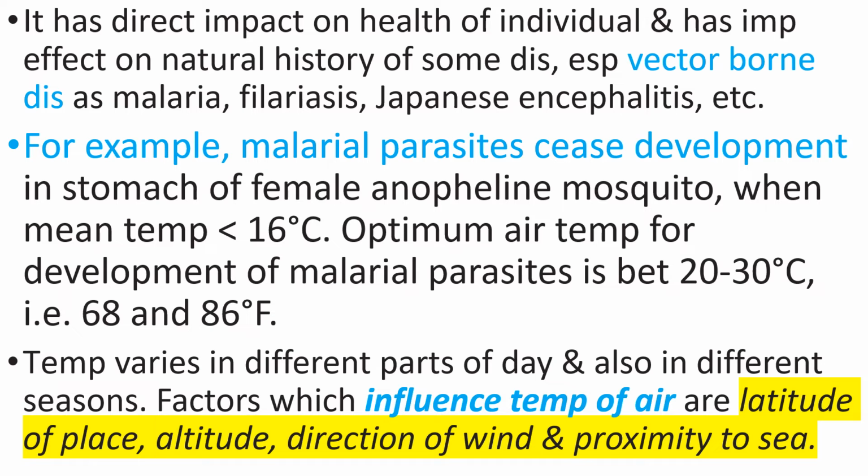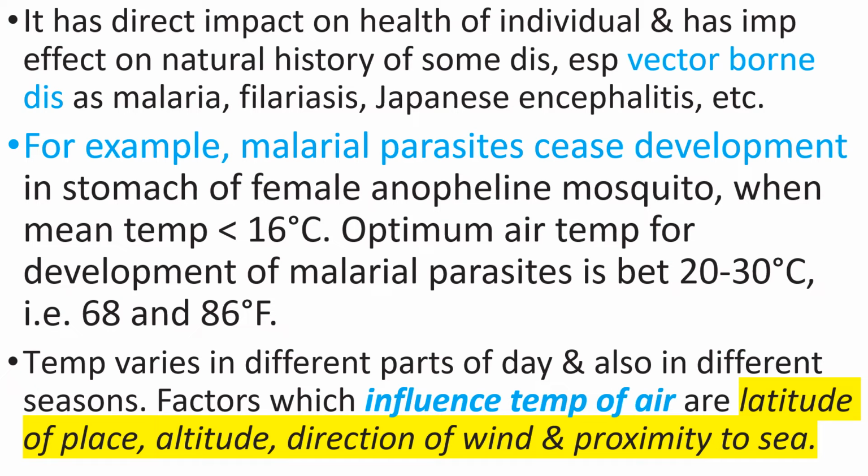Air temperature. Air temperature has a direct impact on the health of the individual and has an important effect on the natural history of some diseases, especially vector-borne diseases such as malaria. For example, malaria parasites cease development in the stomach of the female Anopheline mosquito when mean temperature is less than 16 degrees centigrade.